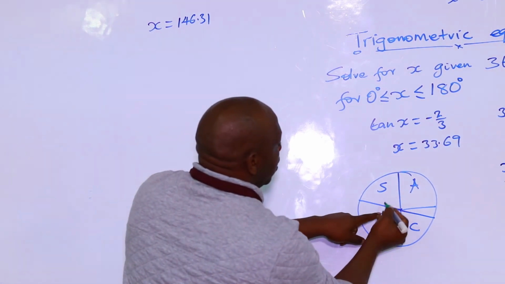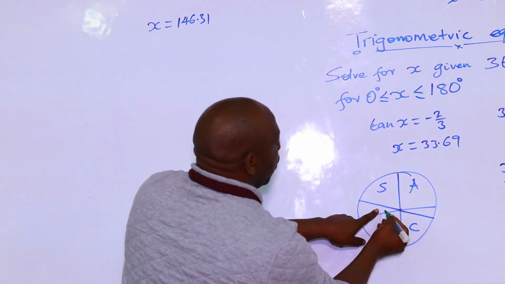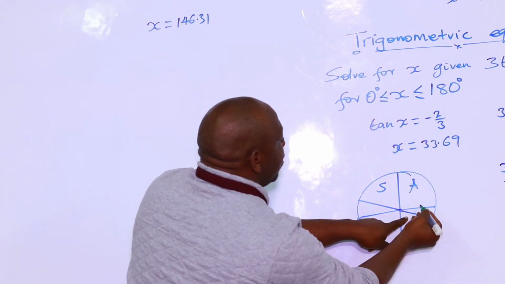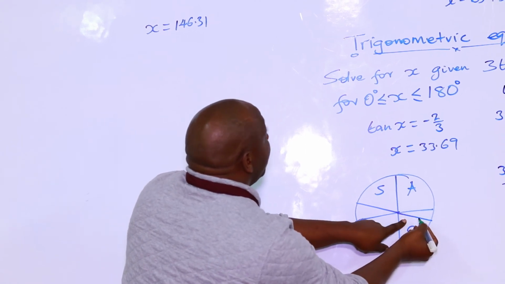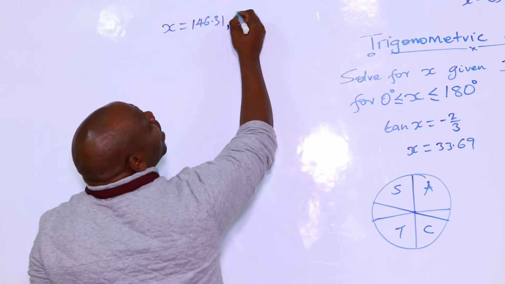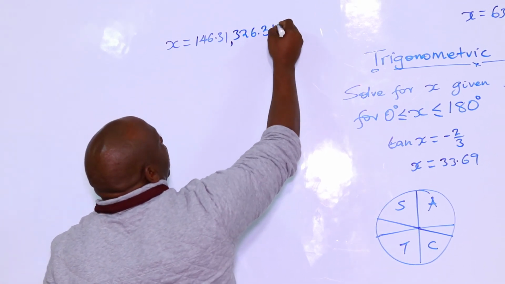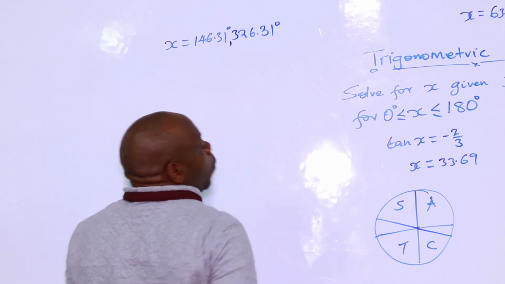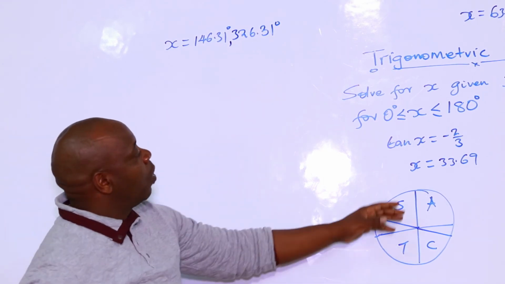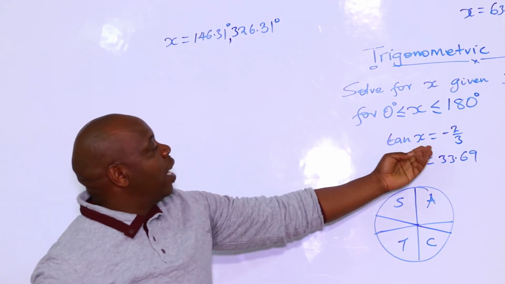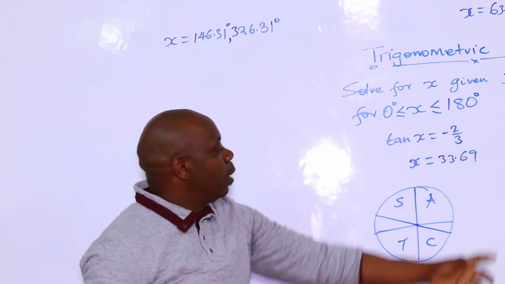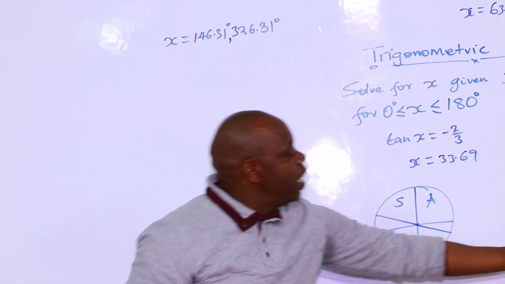That is 180 minus 33.69. The other one is 360 minus 33.69 to get 326.31. We are not yet through, because that is where tan of x is negative 2 over 3. What about when y is 2?